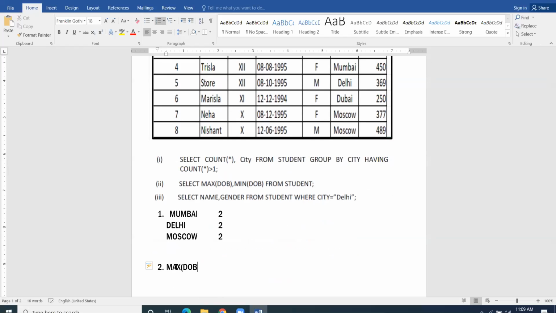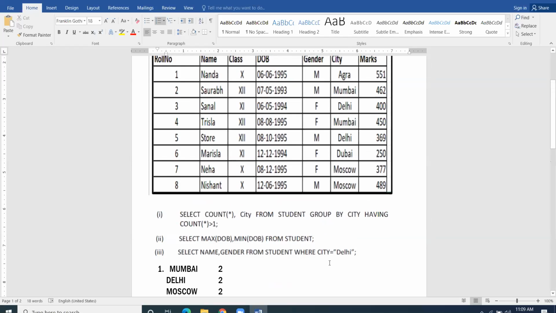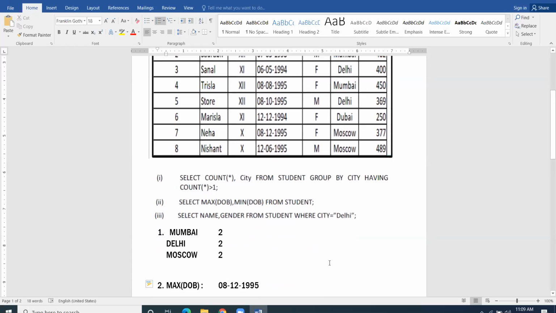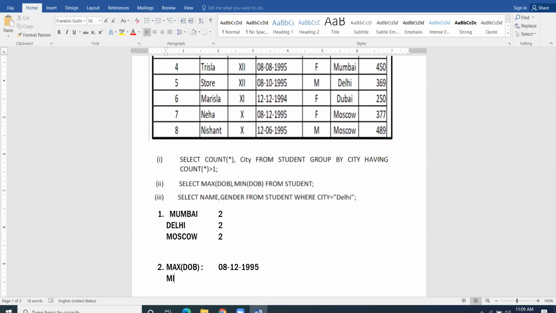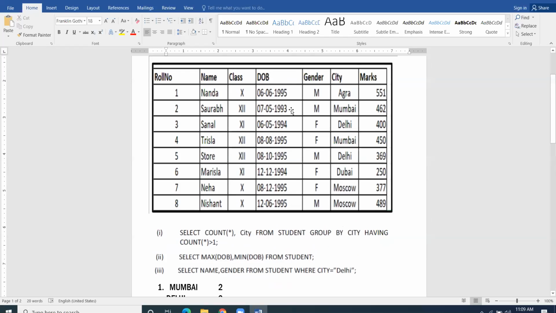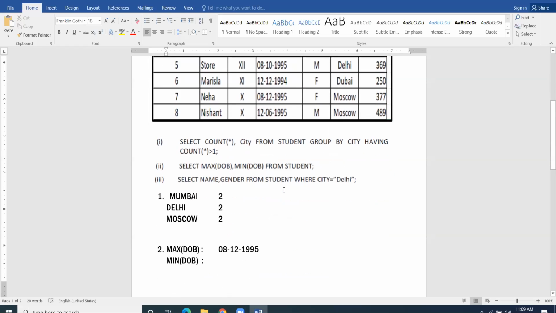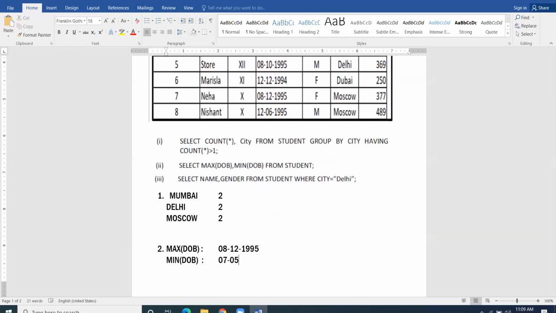So the maximum date of birth will be 08/12/1995, right? And now shifting to the minimum date. The minimum date will be the least year, that is 1993, 07/05/1993. This is going to be the minimum date of birth.